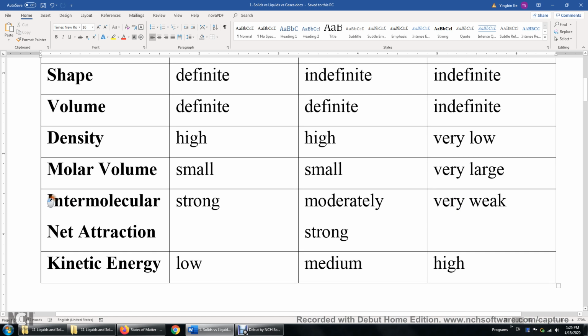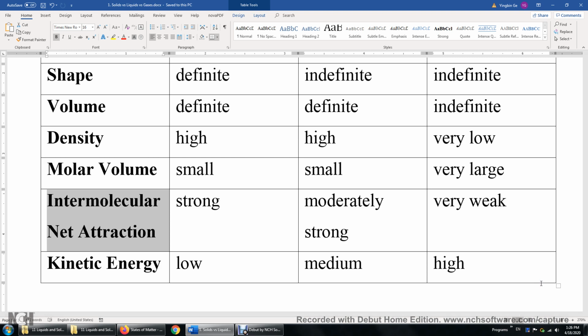Intermolecular net attraction. Molecules attract and repel each other at the same time. This is because if we're looking at two helium atoms, the nucleus of one helium atom repels the nucleus of the other helium atom. But at the same time, the electrons attract the two nuclei.